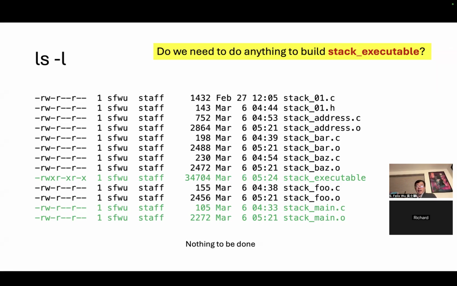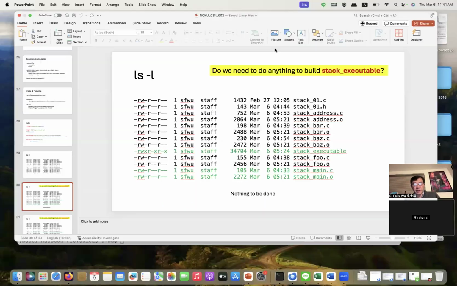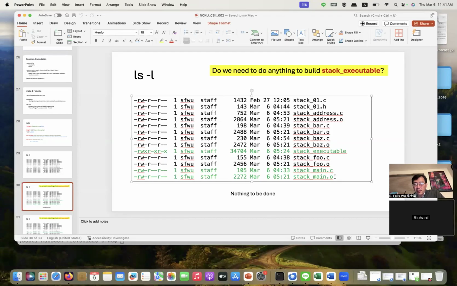Take a look at the timestamp a little bit. Okay, the reason it won't work is, let me actually tell you using this. So now let's actually compare stackman.o and stackman.c.